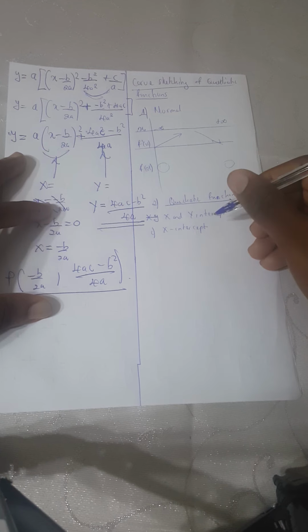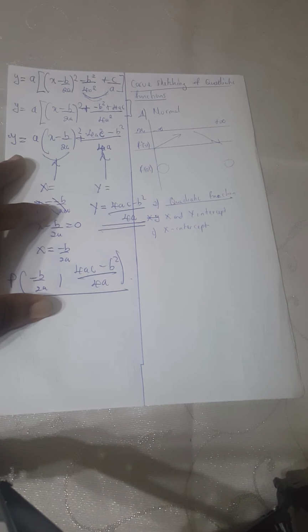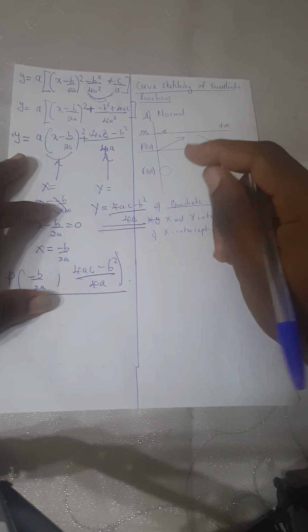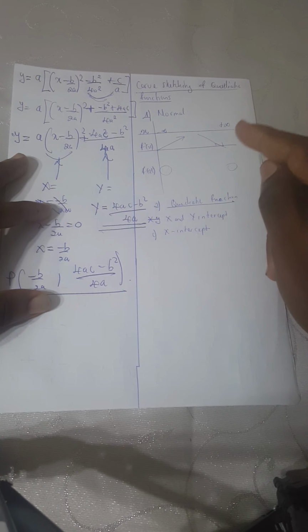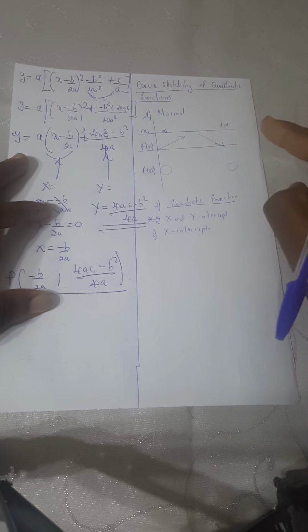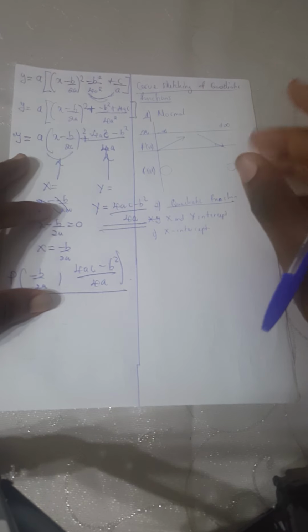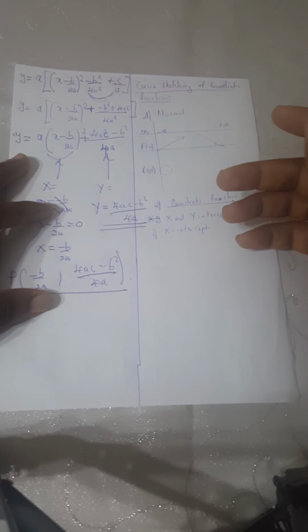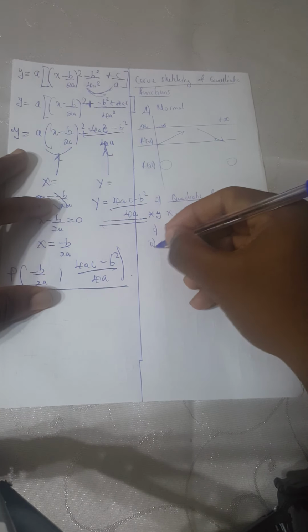The x-intercepts are the x points which cut the line y equals 0. And the y-intercepts are the y points which cut the line x equals 0. We are required to find both of them.